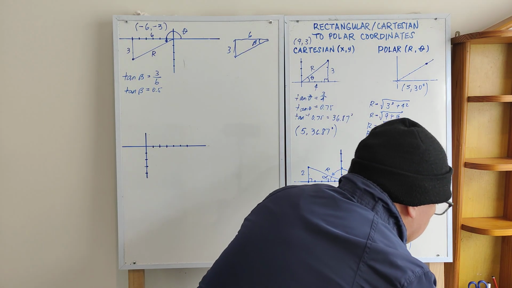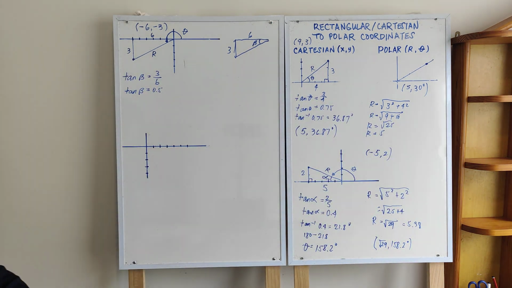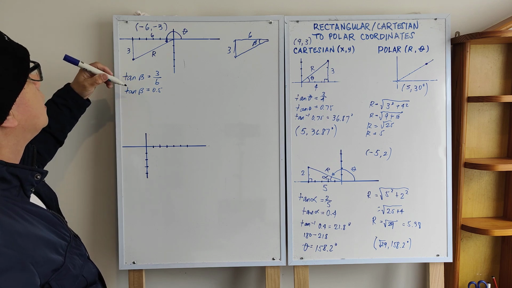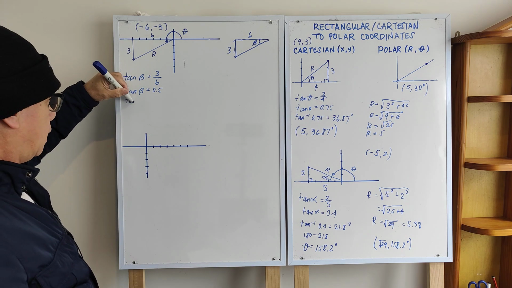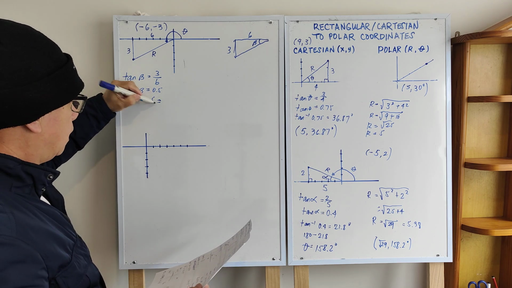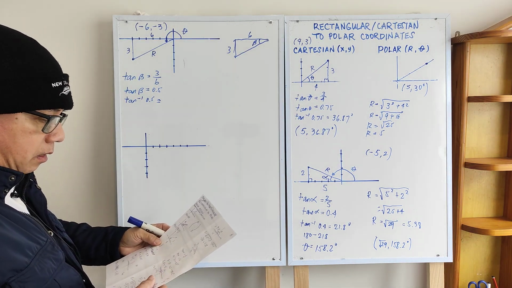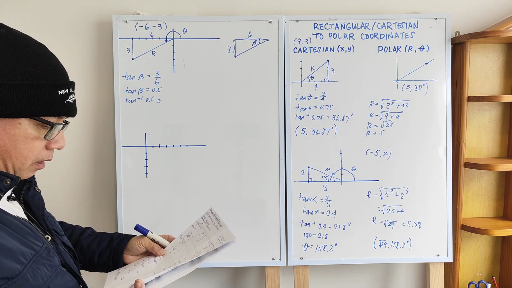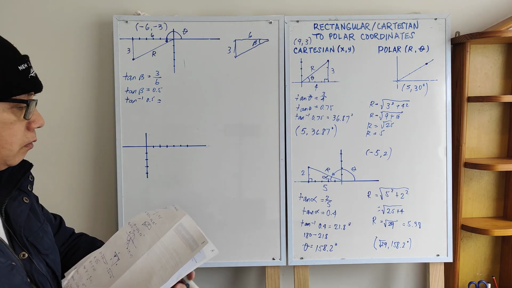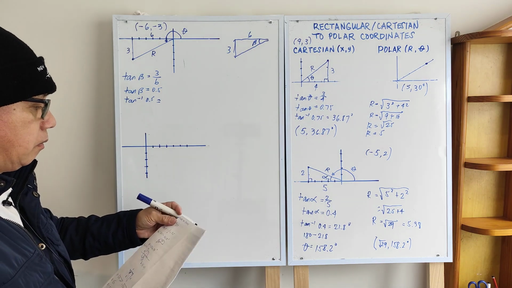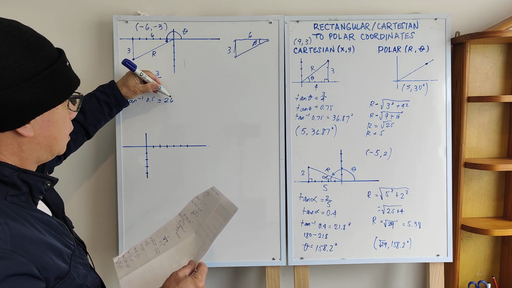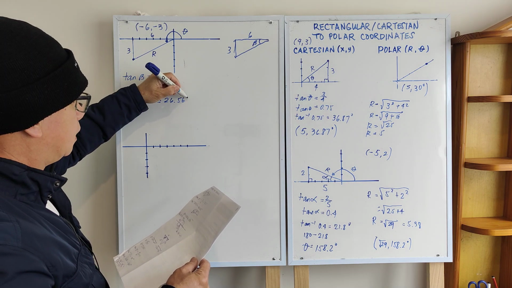Now what we need is the inverse tangent. Tangent negative 1 of 0.5 would be 26.56 degrees.